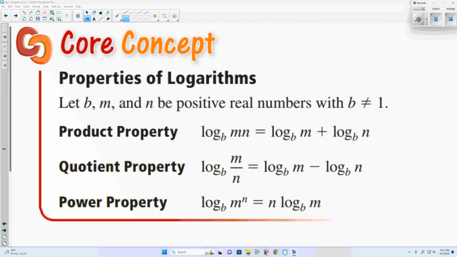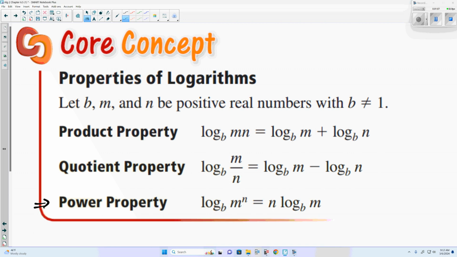So, 6.5, properties of logarithms. Out of the 3 properties of logarithms, we talked about one yesterday, the power property. Power property: log base b of m to the n is equal to n times log base b of m.